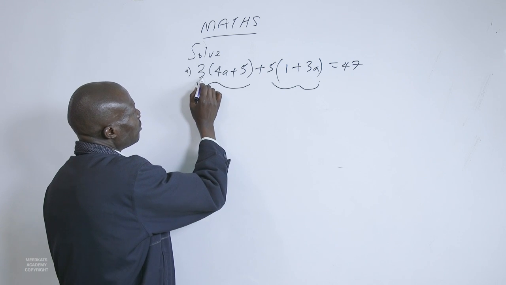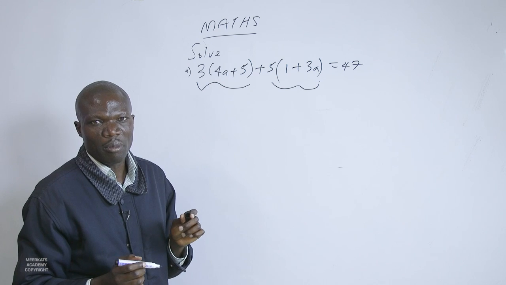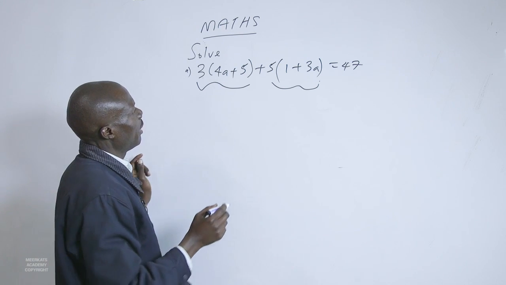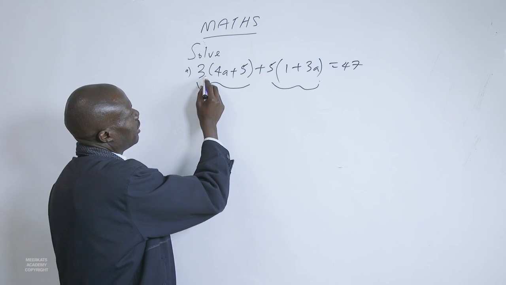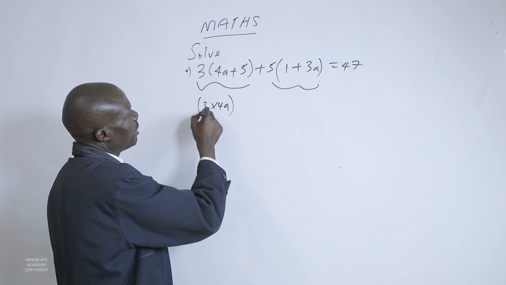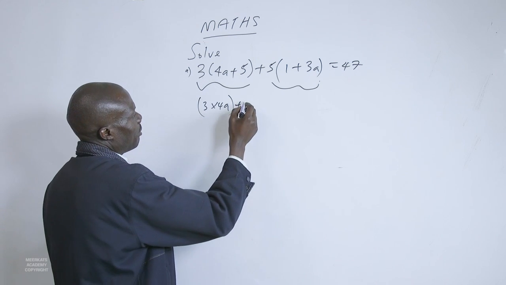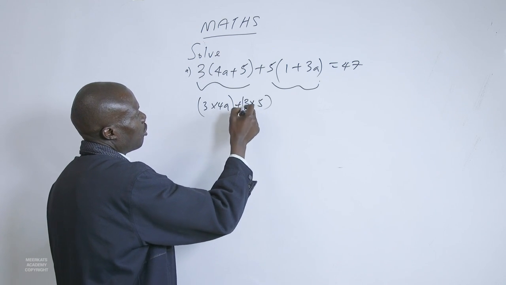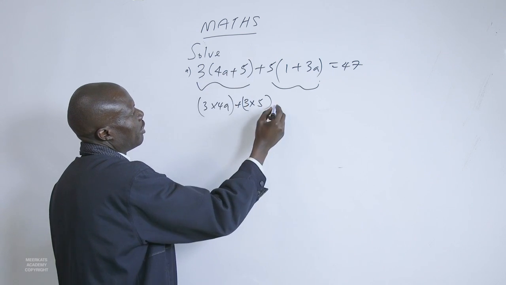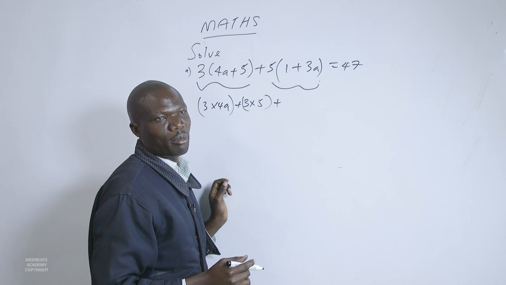We shall be required to apply distributive law in each area. So using distributive law, 3 multiplied by 4a, so we shall have this one as 3 times 4a to form that first part, then plus 3 multiplied by 5. So we are done with this part. We go ahead, this is 5, and then inside the bracket we have to apply distributive law.